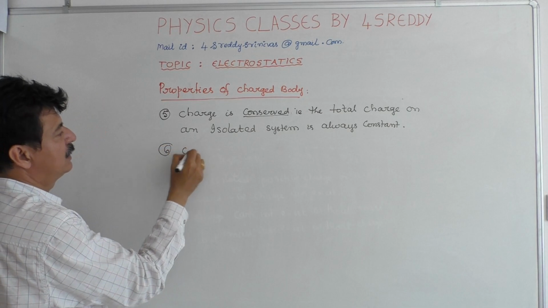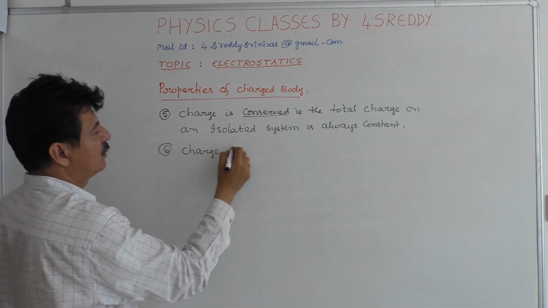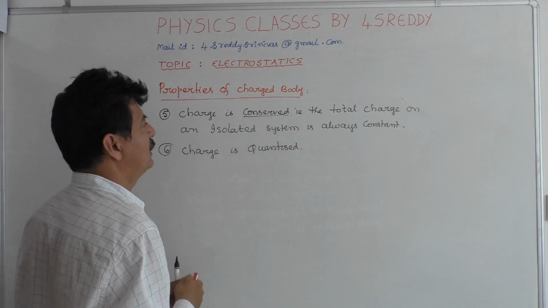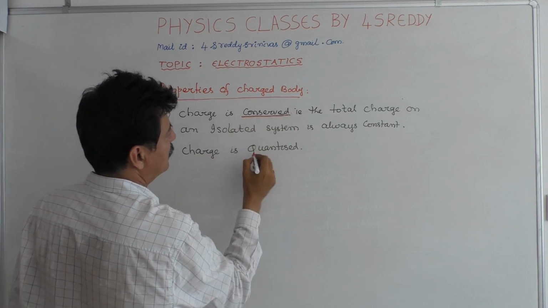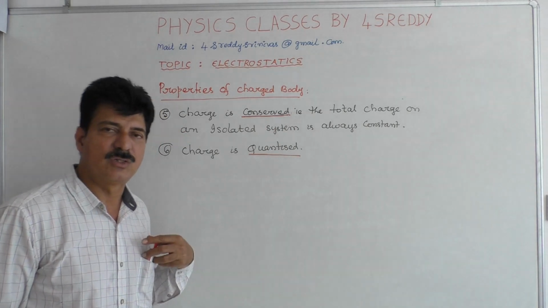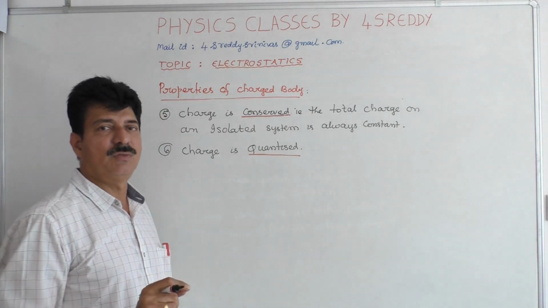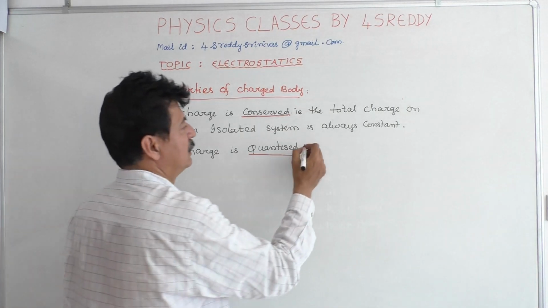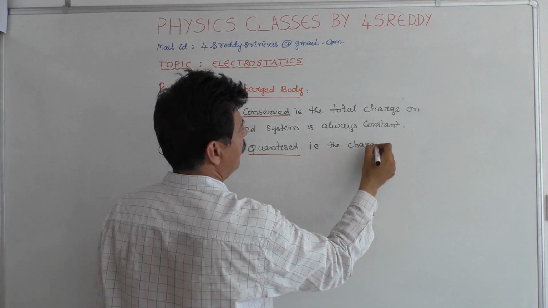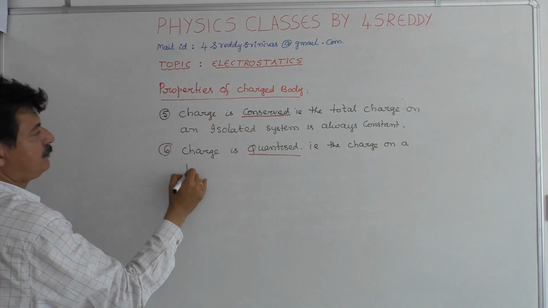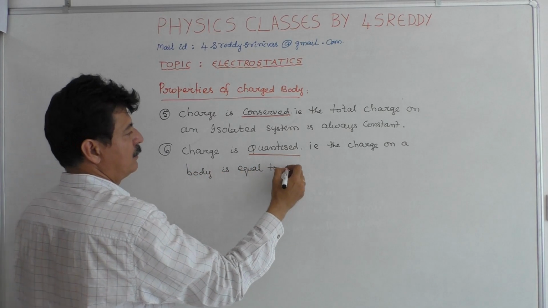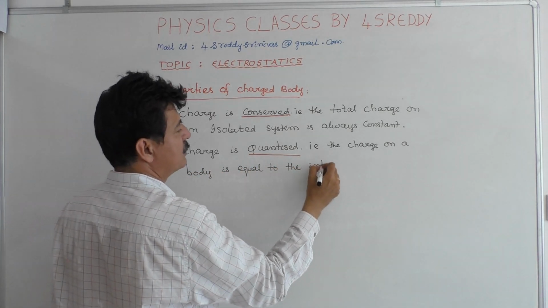And next one is charge is quantized. This is another point. So here charge is conserved. Here the charge is quantized. That means the charge on a body is always equal to the integral multiples of the fundamental charge of the electron.